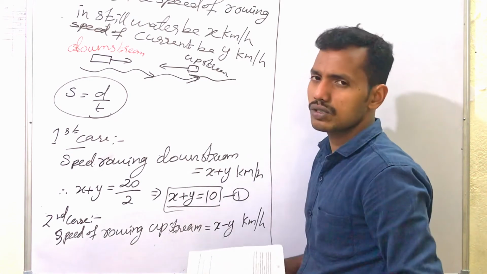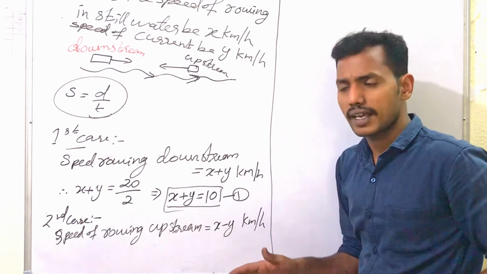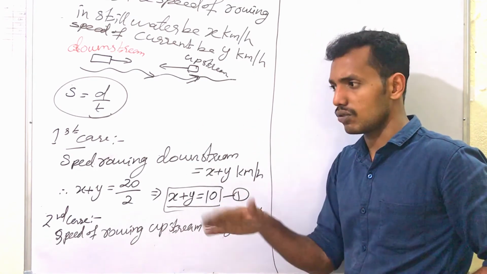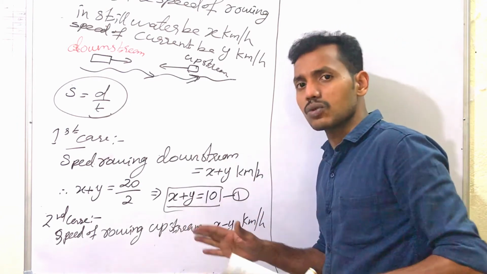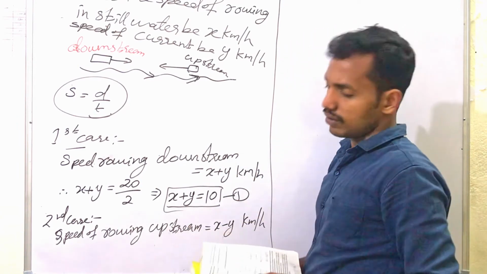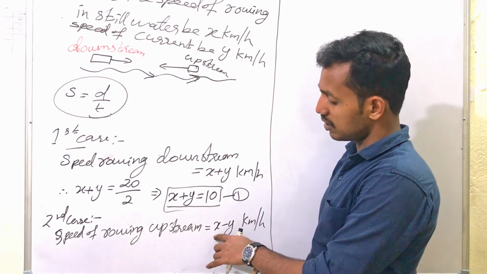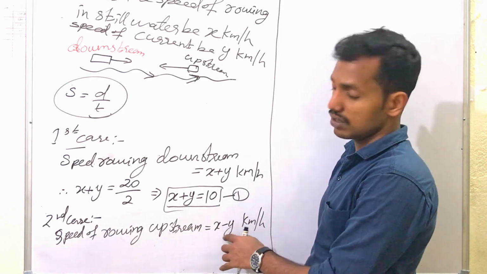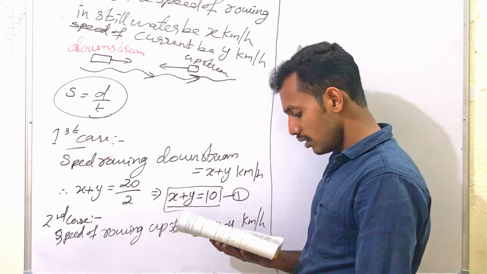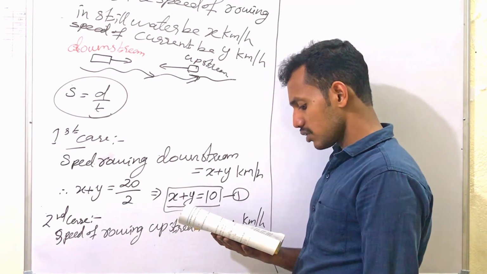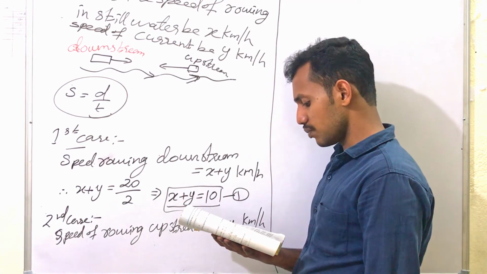This is a simple situation we can understand. If we are moving against the flow of water or a stream, it is very difficult to move. That means the total velocity will be reduced. Effective speed will be reduced: x minus y. Then find her speed of rowing in still water and the speed of the current.